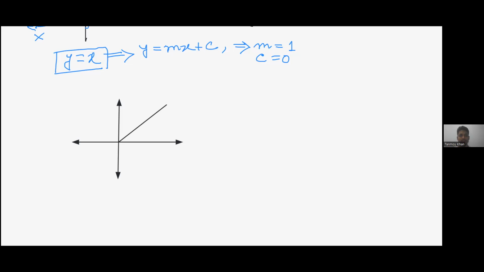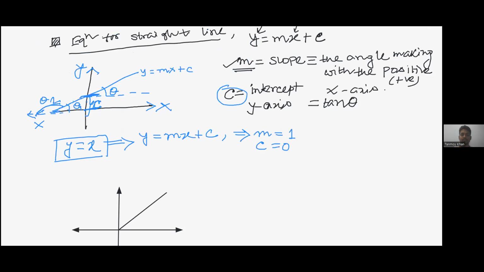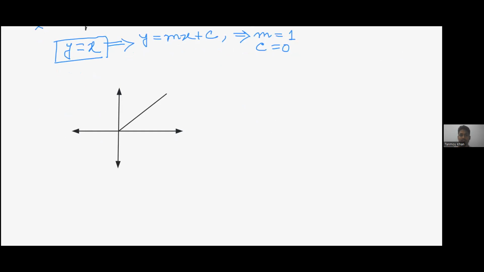Why? Because c is 0, that means it is cutting the y-axis at 0, and tan theta is 1. That means it is tan 45 degrees, so theta is equal to 45 degrees.